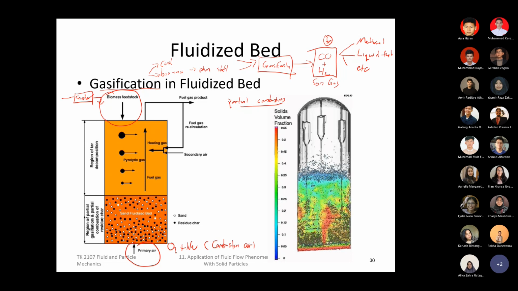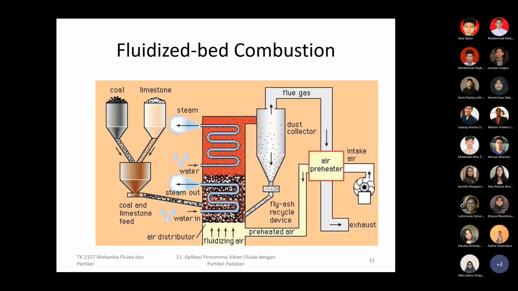That's the direction of the solid, and then the primary air is designed so that the velocity will be above the minimum fluidization velocity. In that case, the sand or biomass bed can be fluidized, and the combustion will be performed as designed.